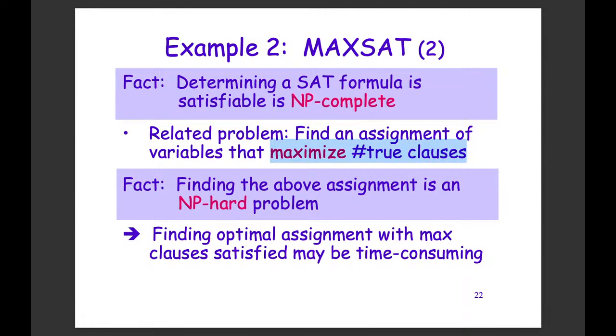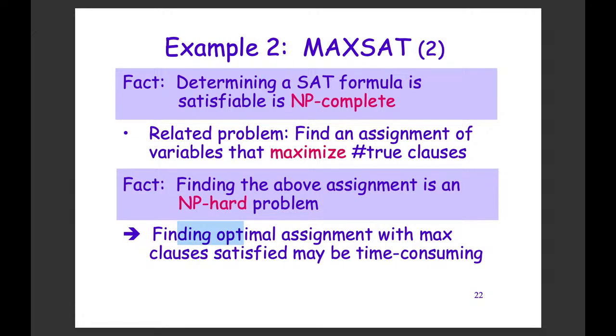This problem is actually even harder than checking the SAT formula, because if we know how to solve this maximization problem, we can use the result to give us the answer for the decision problem. So that's why the max SAT problem is an NP hard problem. And because it is NP hard, so far nobody can give us a deterministic polynomial time algorithm for solving this.